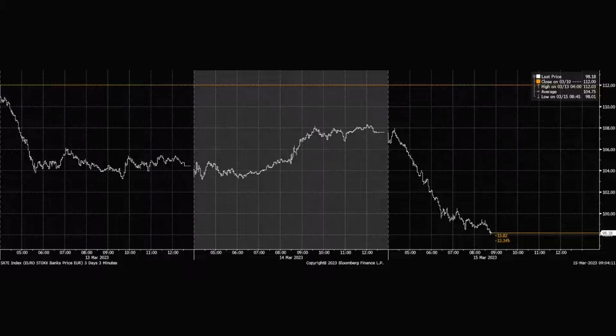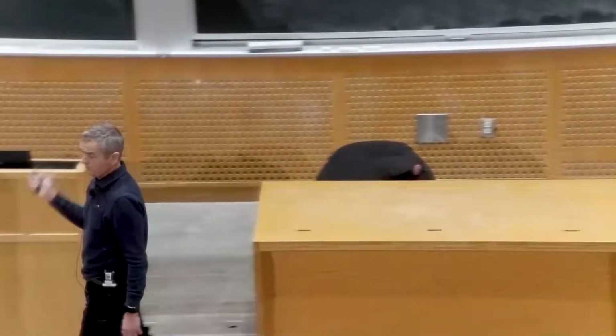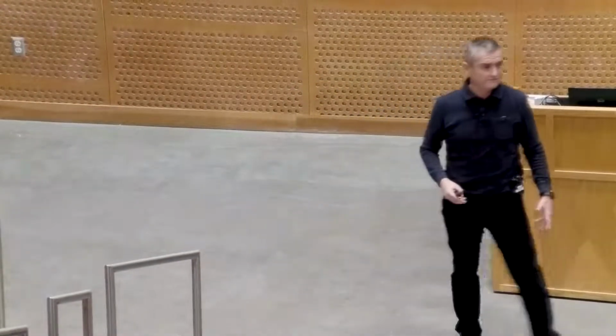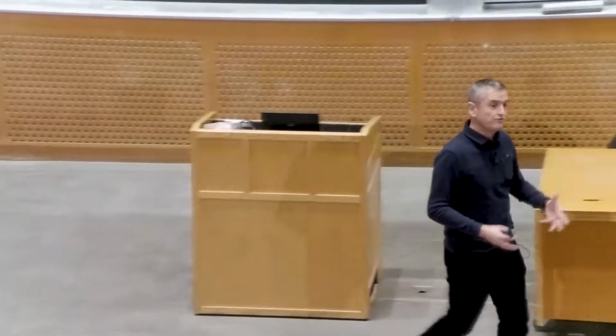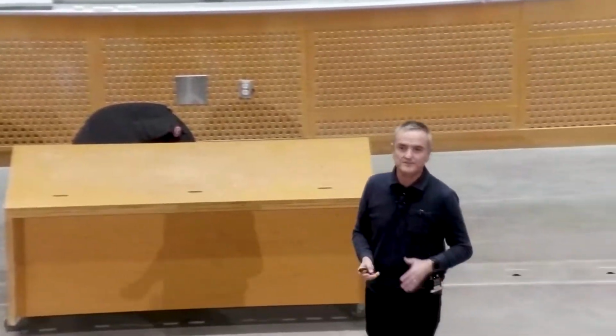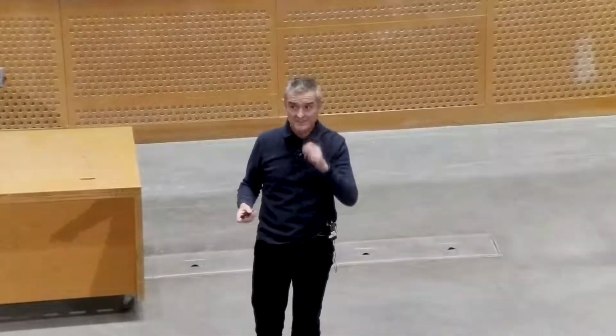The US banks are also declining, but that was bigger for the major banks. The VIX, remember I told you last Monday about this indicator of fear in the market, which is really the price of put options. I'm simplifying things. I mean, protection for big declines on the equity market.